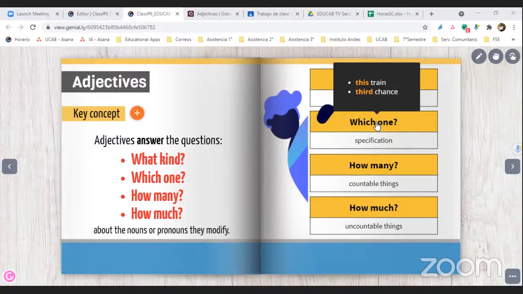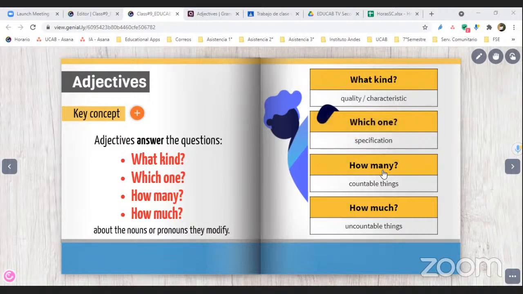But in this case, the word this is modifying the noun train, because we're specifying which train. It's not any train, it's this train, okay? And in the example of the third chance, we're specifying which chance, the first chance, the second chance, or the third chance. So we're specifying the noun.